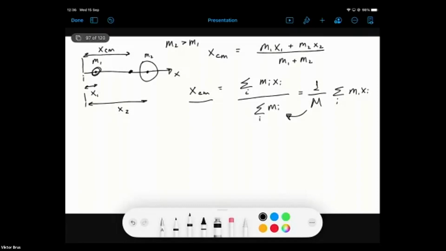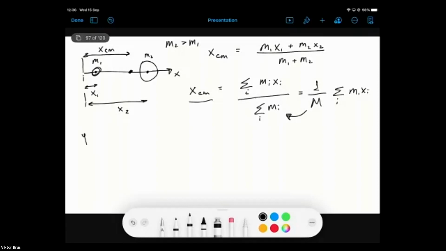However, if we need to do it for multidimensional space, obviously the center of mass will have coordinates along different axes, y and z included.